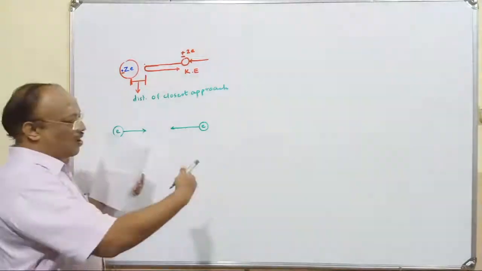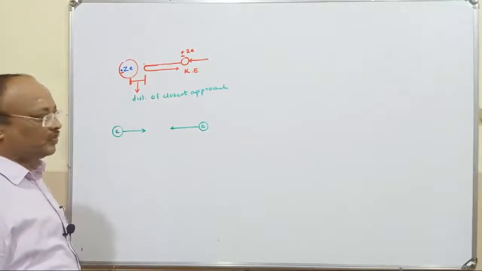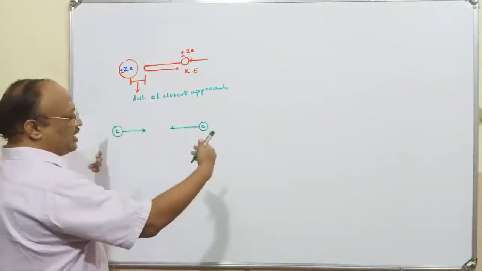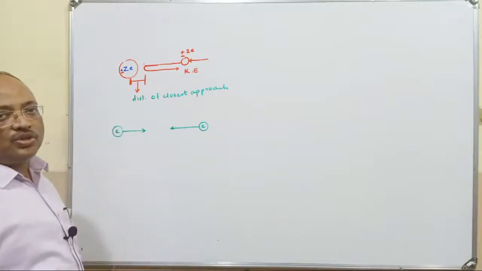The two electrons are approaching each other. We have given some velocity and energy to these two charges.